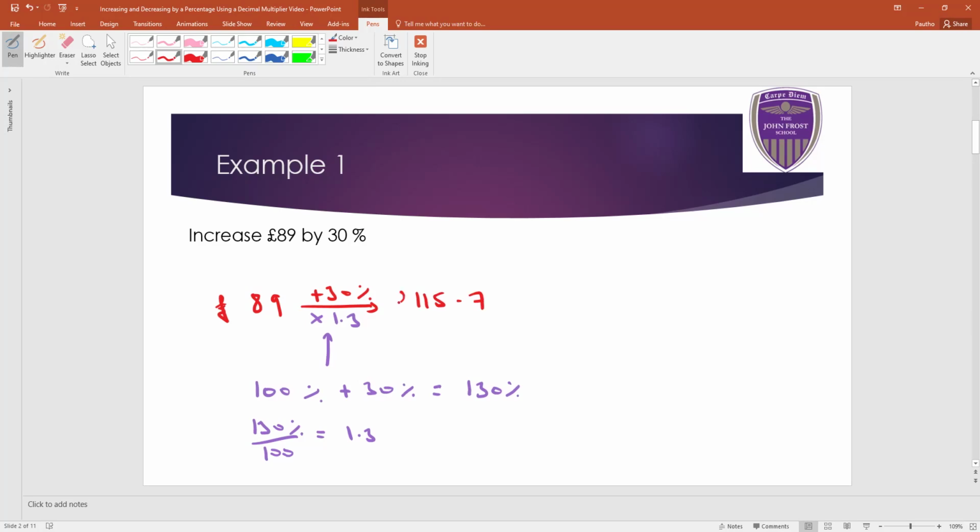But because this question is about money, you would need an extra zero at the end to make it look correct. That method's super cool. If you want to increase by a percentage, you can add it onto 100, find your decimal, and then take it from there. Very, very quick. And when you get good at it, you can do these things amazingly quickly.